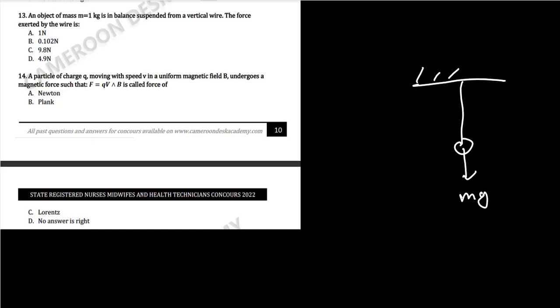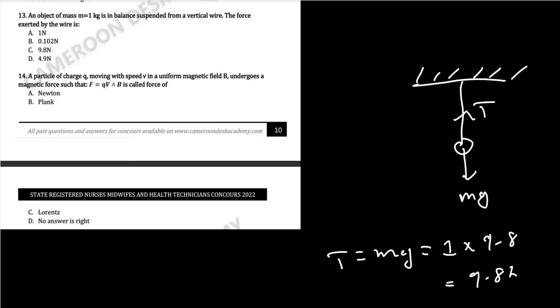So that's our fixed support. Since the mass is 1 kilogram, the force exerted on the wire will be the tension force, T. So T will be equal to mg at balance, which is 1 times 9.8, which is going to give us 9.8 newtons.